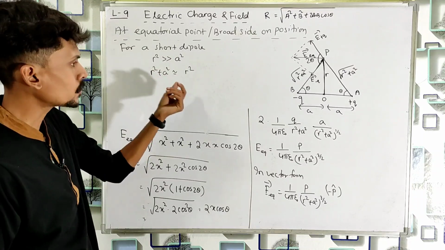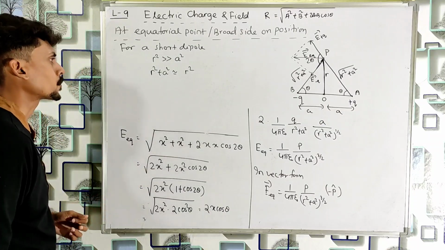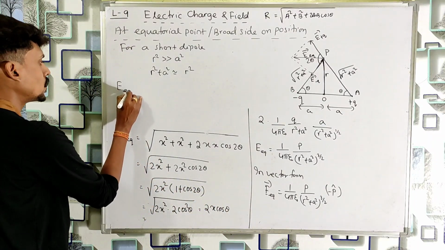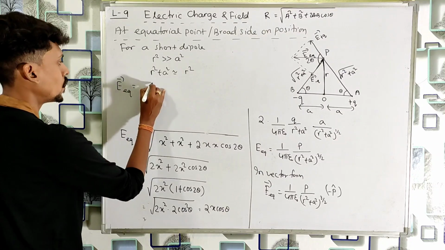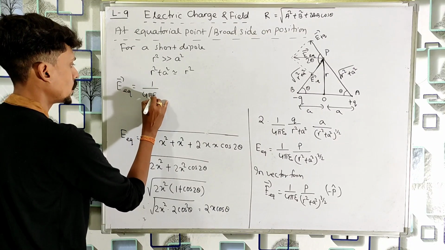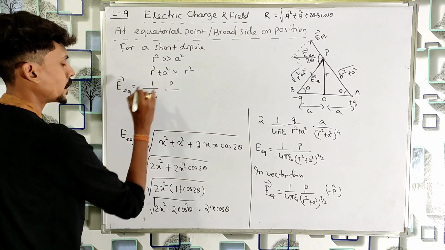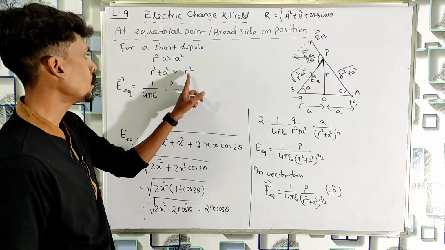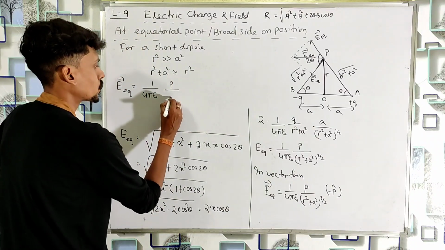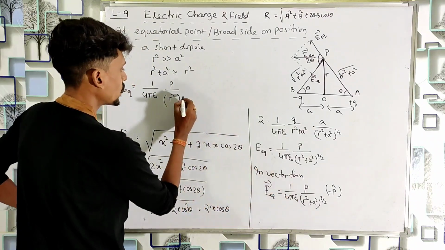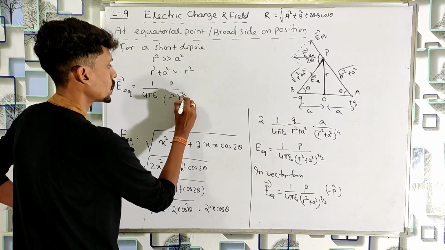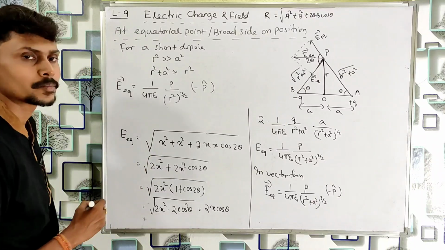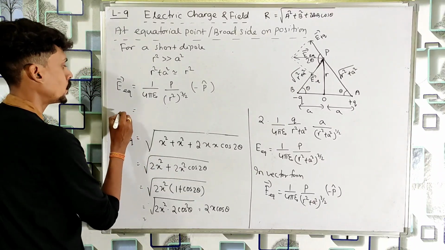So the result will be approximately equal to the large quantity. So in this expression, E equatorial will be how much? 1 by 4 pi epsilon naught p divided by, in place of r square plus a square, you can write only r square. So we have r square and the power is 3 by 2, and it is directed opposite to the dipole moment. So E equatorial will be how much?